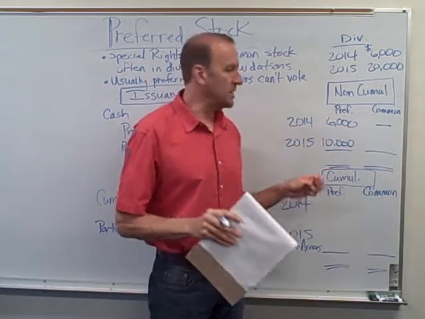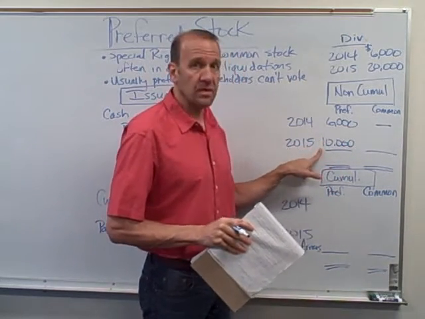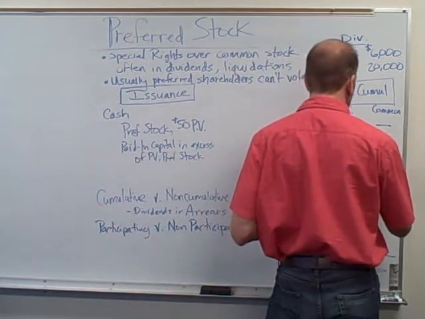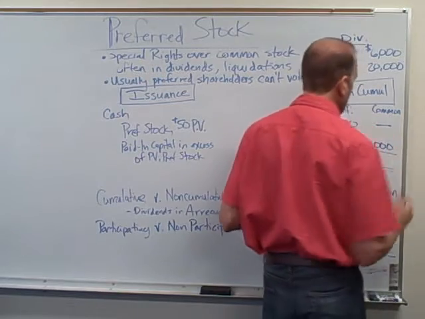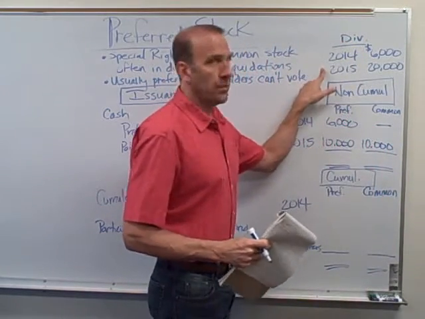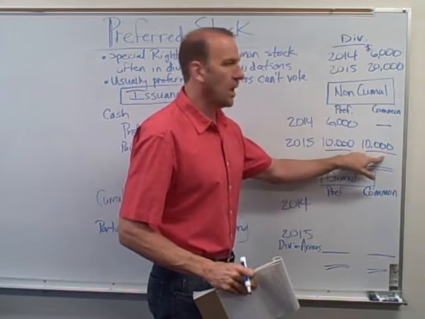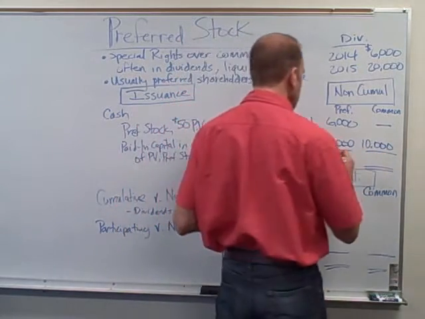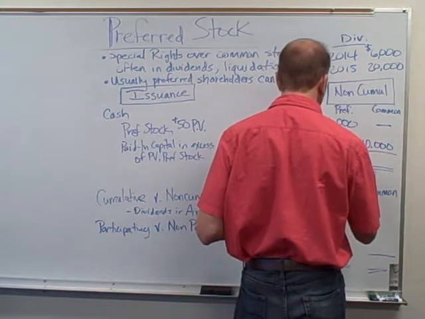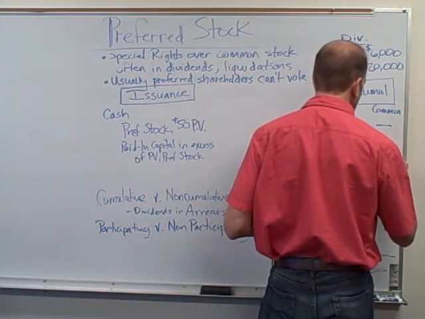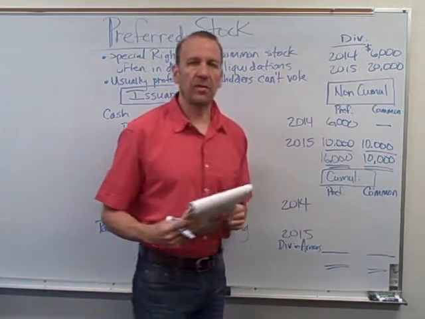It's not coming to them. They'll get the $10,000 owed for 2015, and the other $10,000 will go to the common shareholders. So in this example, over the two years, preferred get $16,000 and common get $10,000.